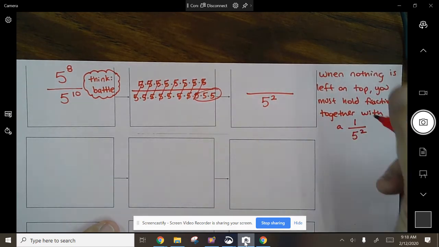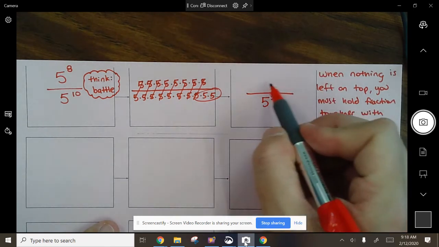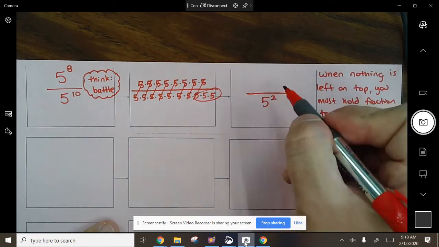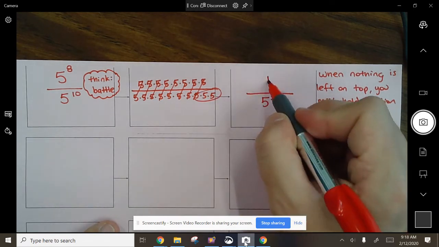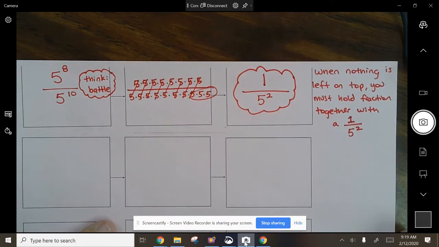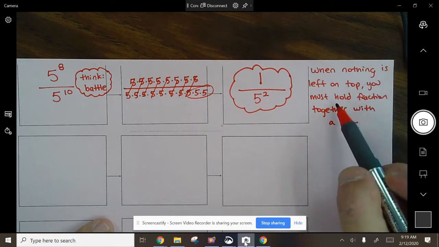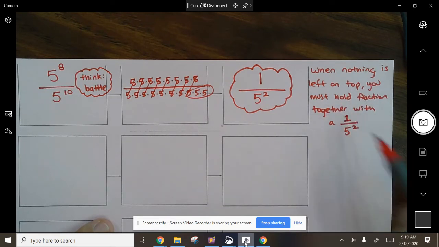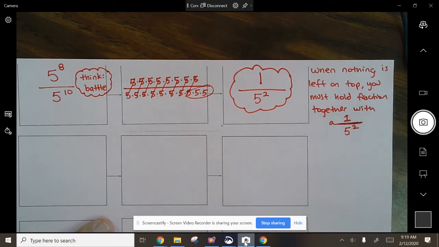There has to be a 1 on top. You can't have it empty up here. If the 5 squared was on the top, that would have just been your answer. But since it's on the bottom, you have to have a 1 here to keep it all together. That's your final answer: 1 over 5 squared. It's definitely a rule you have to remember, because it's going to happen quite a bit.